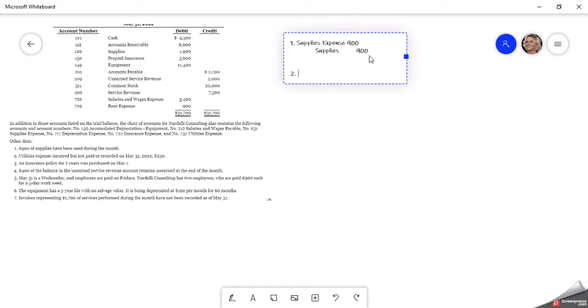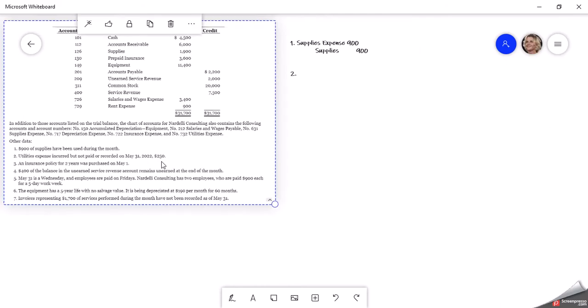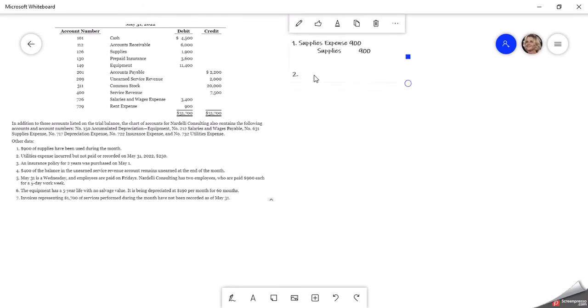Number two says utilities expense incurred but not paid are recorded on May 31st for $250. So, utilities expense, and again, look over here, it tells us that that's going to be added, for the amount that they tell us, the $250.